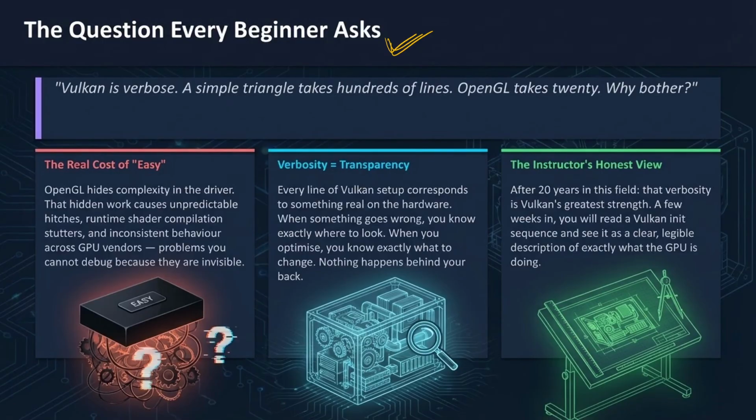Typically it's around 1,000 to 1,200 lines of code that you may end up with to render that triangle. But this is not something you should be worrying about. It is something you should start understanding, that yes, it requires a lot of programming. But this is a one-time investment.